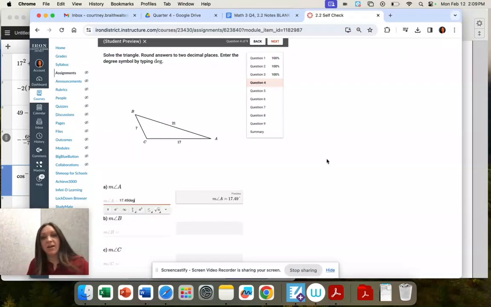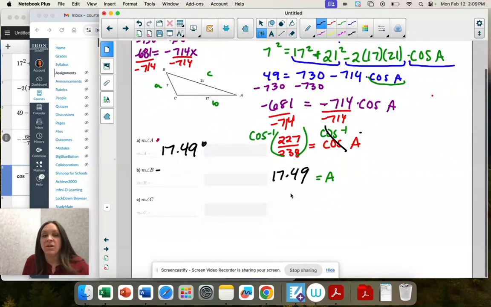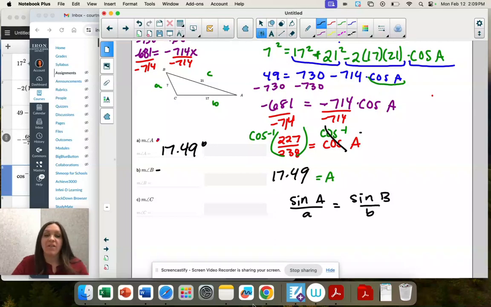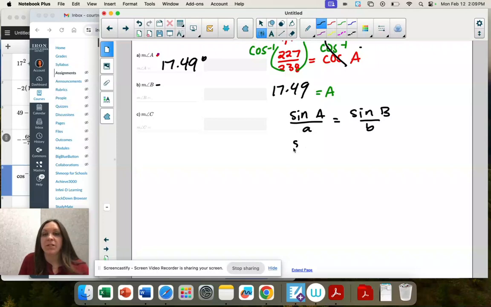Once we have that, we can use law of sines to solve for angle B, because we have sine A over side A, and then sine B over side B. And we have all of those except the angle. So let's plug it in. We just found angle A at 17.49.